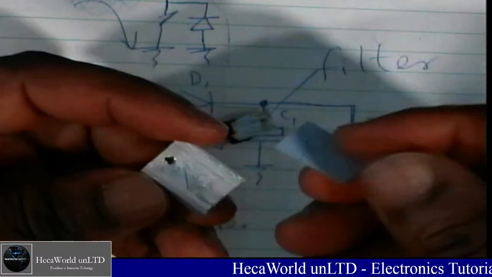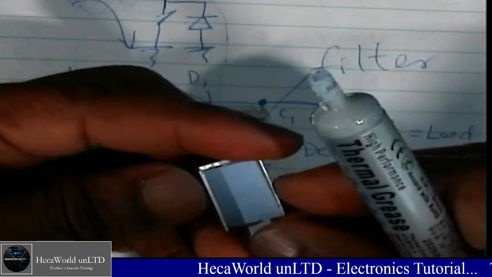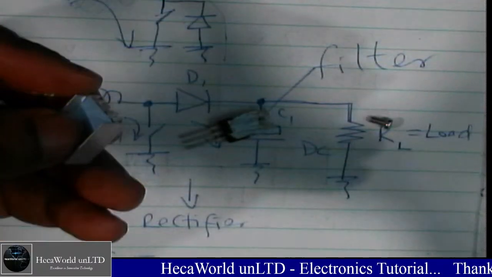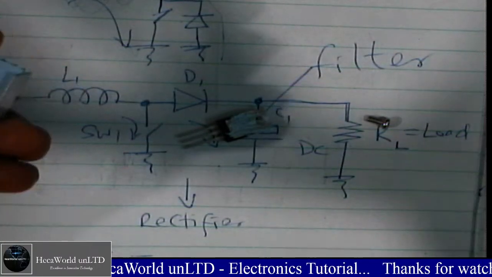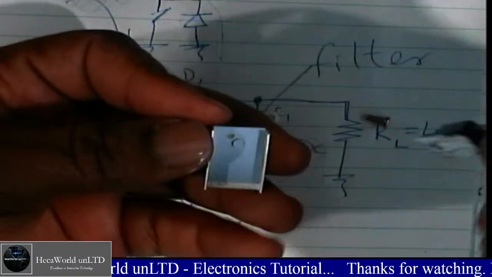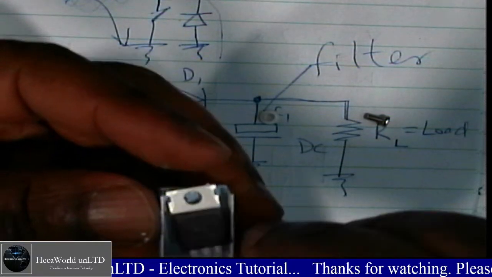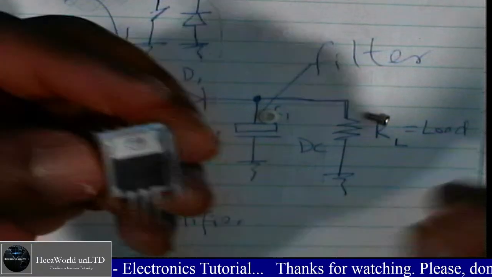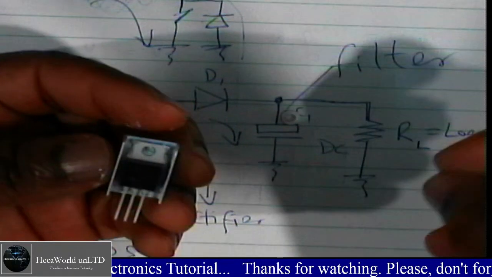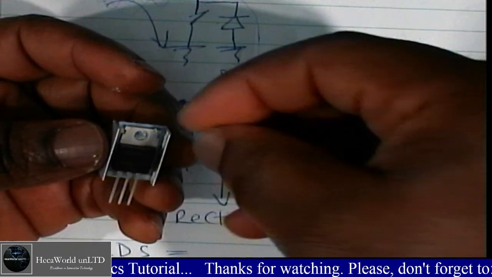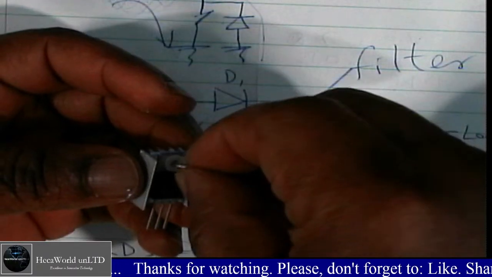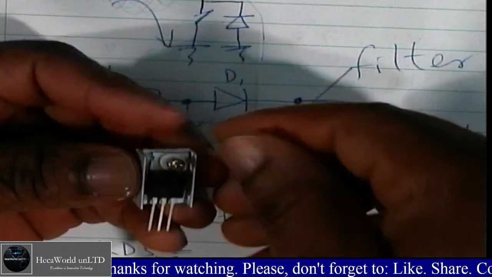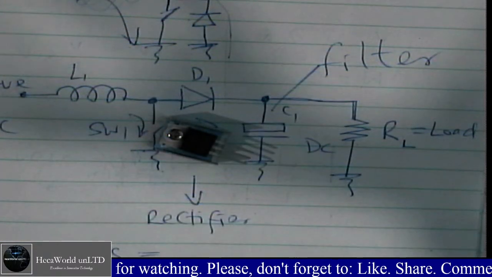Again, seriously, I don't need this insulator, but I'm just going to use it for the sake of it. And I'm going to put the MOSFET on it. And I put the insulator. Really? I'm just going to ask myself one question. Why are you putting all this? Because you don't really need them. And that's it there.